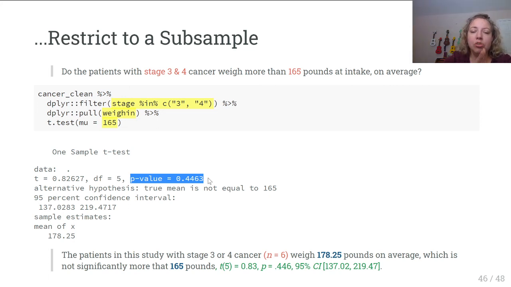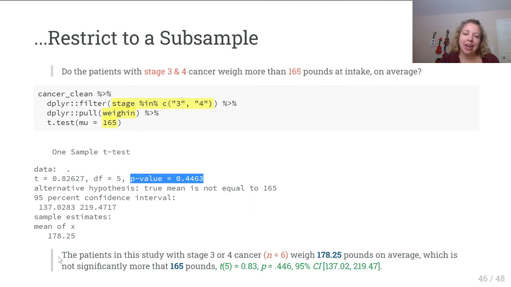So with a two-tailed test, if there is statistical significance in our results, we state the direction. But if there are not statistically significant results, then we just stay with the two-sided alternative. So we could say the patients in the study with stage 3 or 4 cancer, which is only 6 of them. Now notice I'm using the little n.